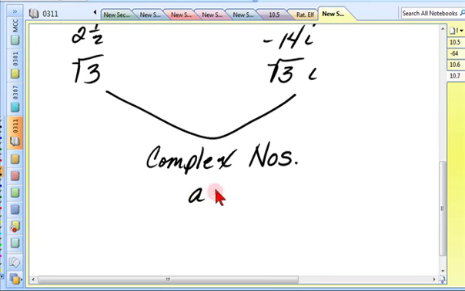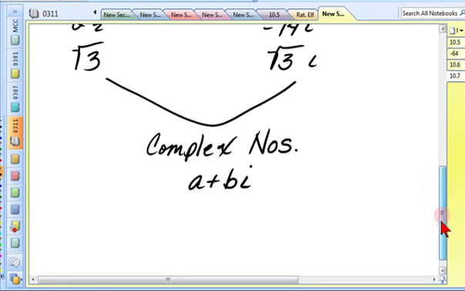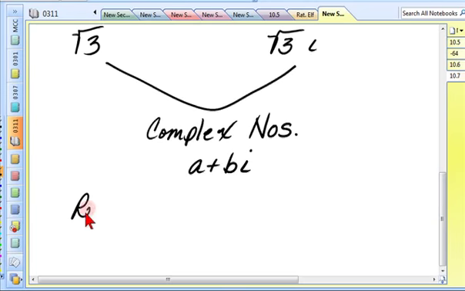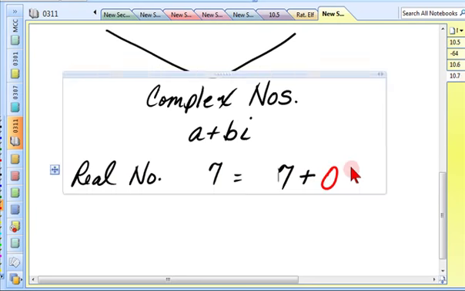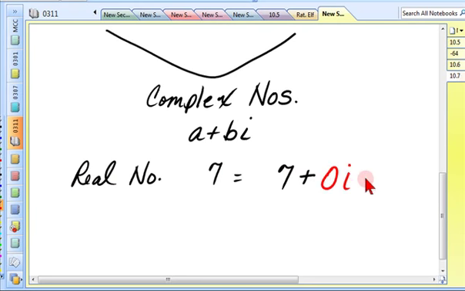All complex numbers can be written in the form a plus bi, which means that a real number is complex. Let's say 7. It is complex because it could be 7 plus 0 times i. So it is complex.